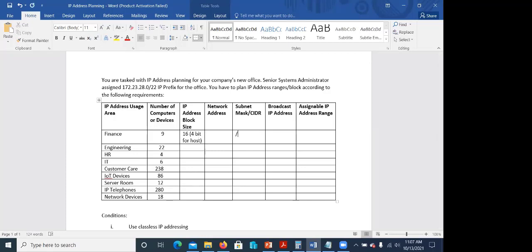Slash 28. This is CIDR, classless inter-domain routing. That is, sometimes the subnet mask is written in terms of the number of network bits. Are you clear about this? This is very important.